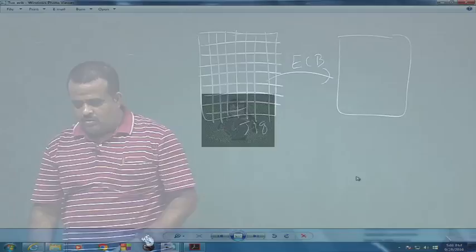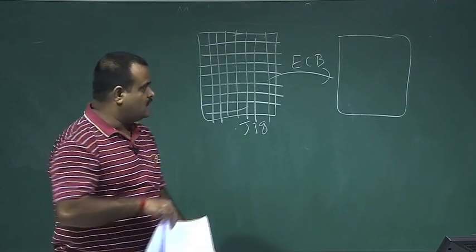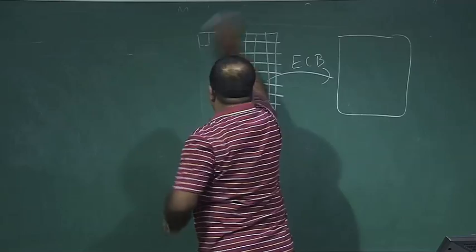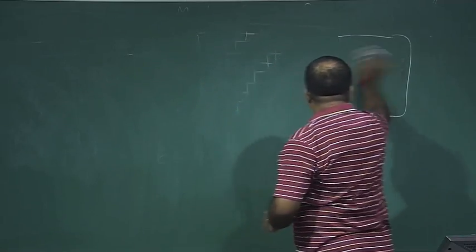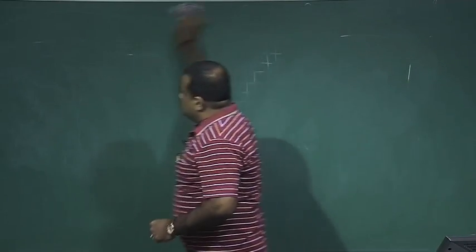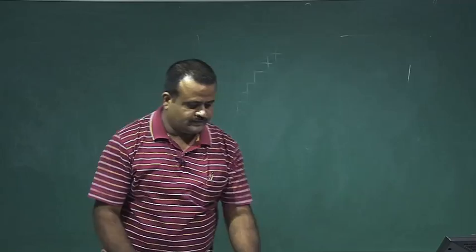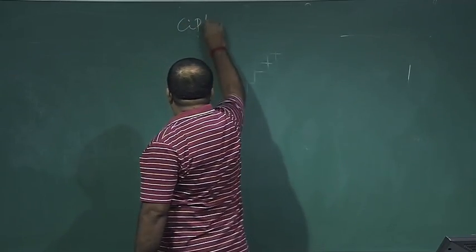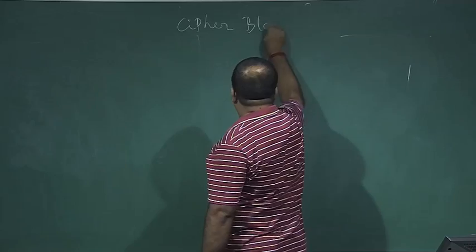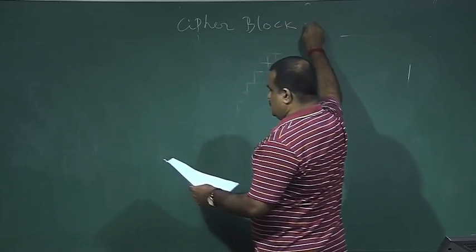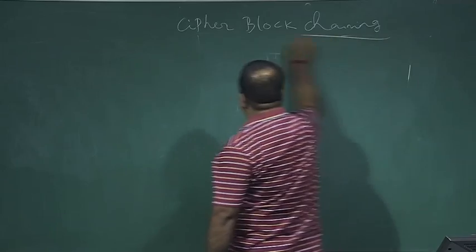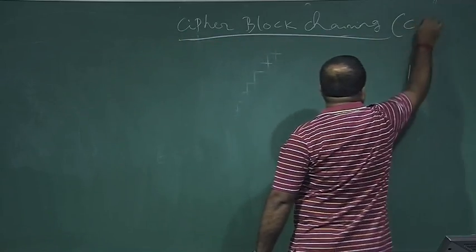Okay. So, now we want to do something more in the modes of operation to avoid this problem. Next mode of operation is CBC modes of operation. So, this is called Cipher Block Chaining, CBC.